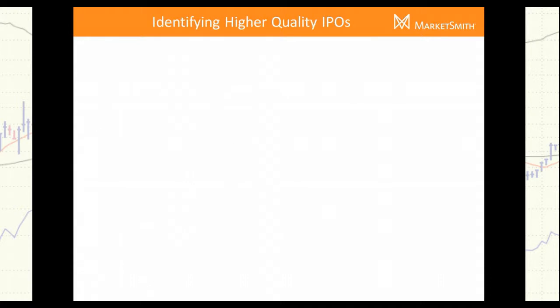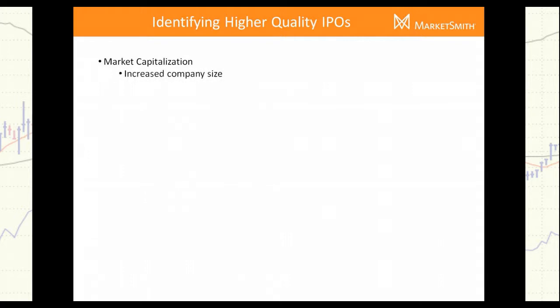As far as identifying higher quality IPOs, here are a few characteristics that I personally use to look for better names. I don't even know if this is well accepted throughout the industry; it's just something that I do. One characteristic is market capitalization. I'm looking for increased company size even before they go public.